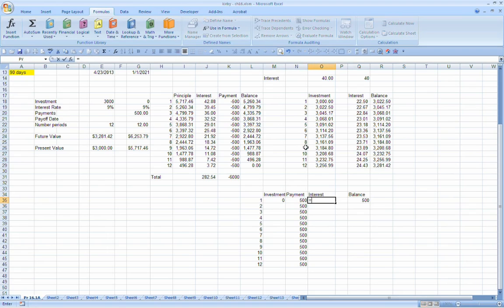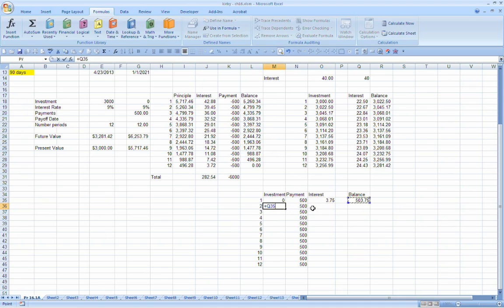So I would go plus or equals this plus the payment times, again, it was 9% up here. I just pointed at that with my finger, by the way, times 1 divided by 12. So I earned $3.75 in interest.